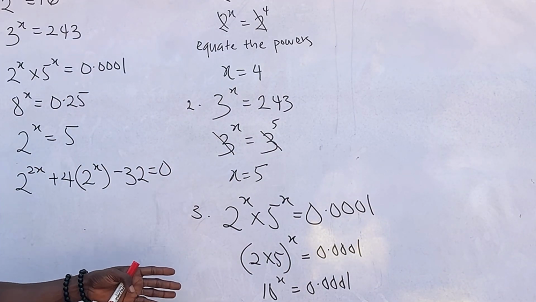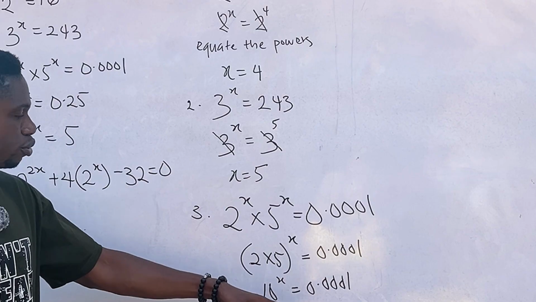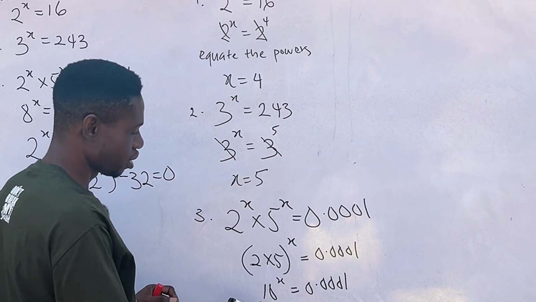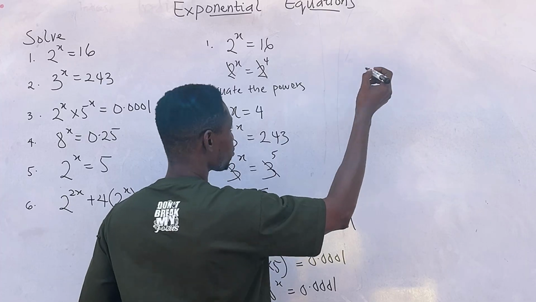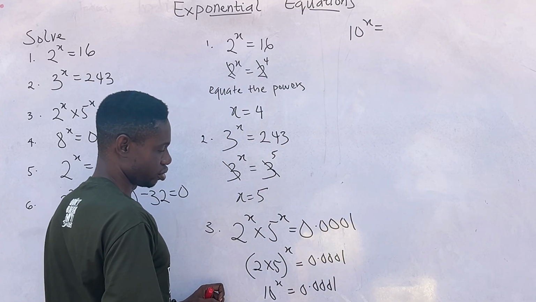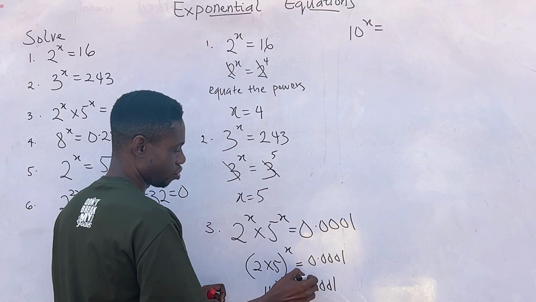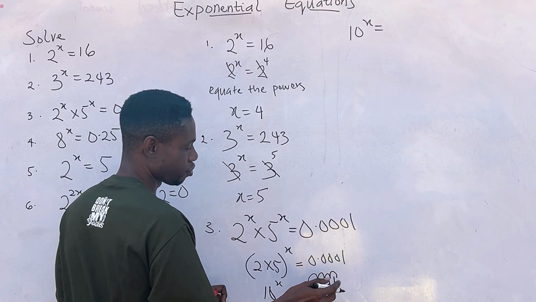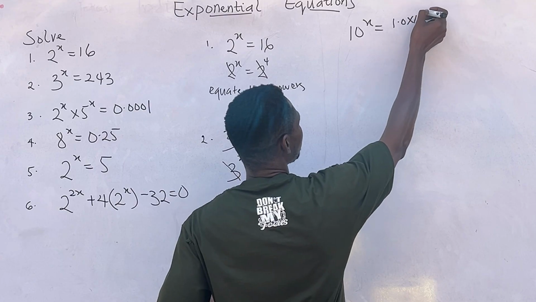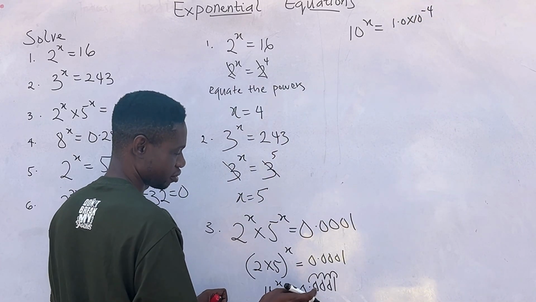Okay, from here we can put this in standard form and let's see what that gives. So we'll have 10 raised to the power x equal to, 1, 2, 3, 4, so we have 1.0 times 10 raised to the power negative 4.